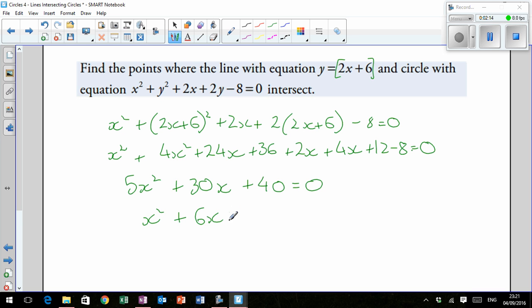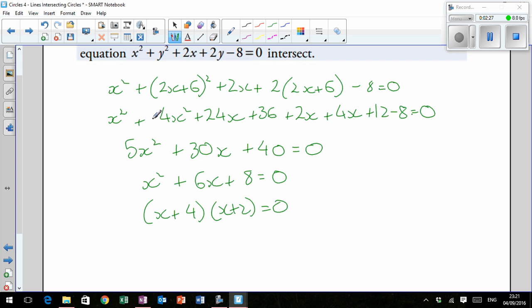That's going to make it nice and easy to factorise. So (x plus 4)(x plus 2) equals 0. Notice that after that initial circle work, we're actually just doing that National 5 stuff now. So x is equal to negative 4, x is equal to negative 2.